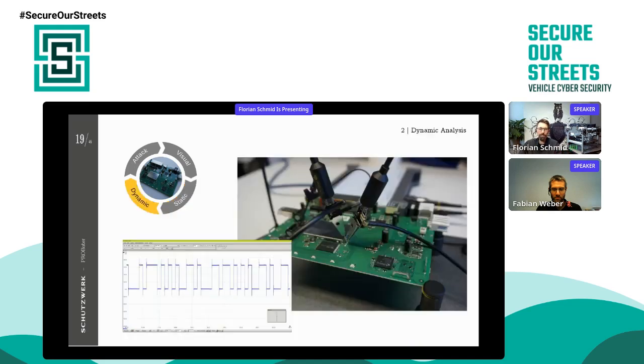The third step is the dynamic analysis, where you supply the board with a voltage and check for voltage signals occurring on that board to find out whether those already identified pins, or even so far still unknown pins, have some interesting voltage signal applied.